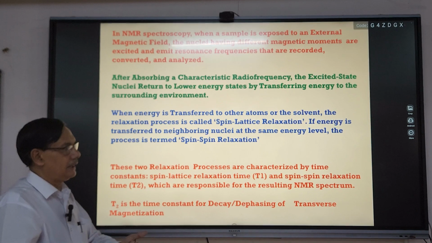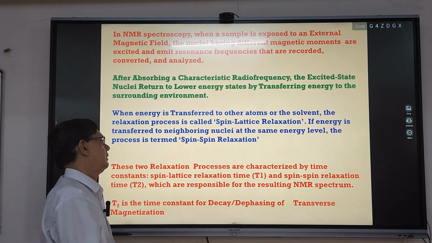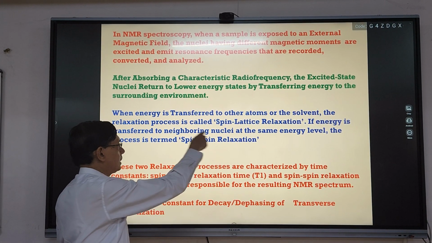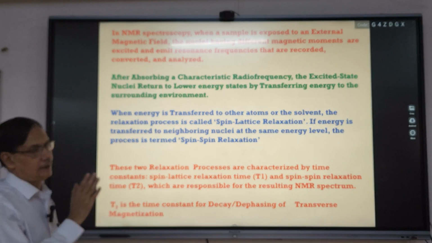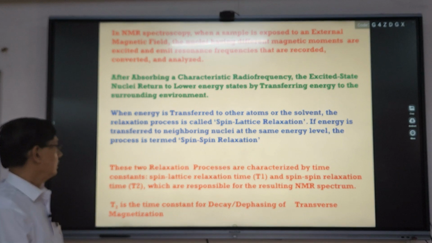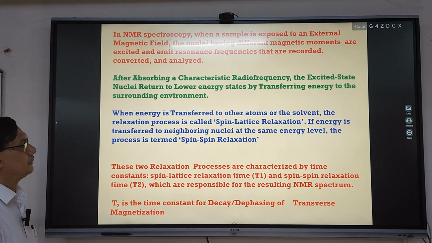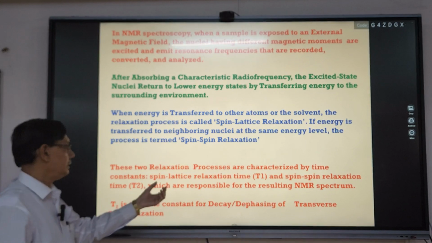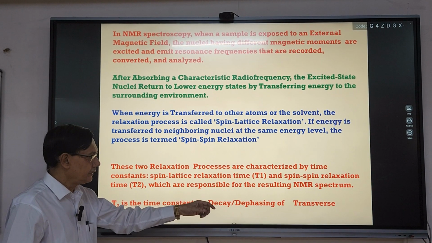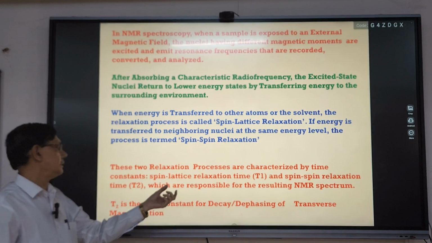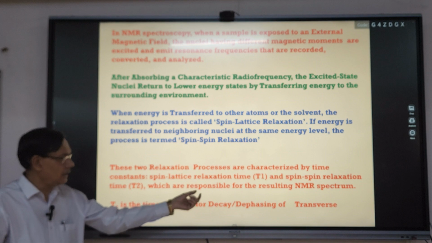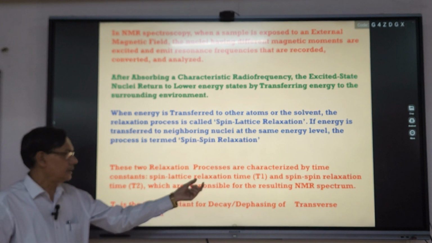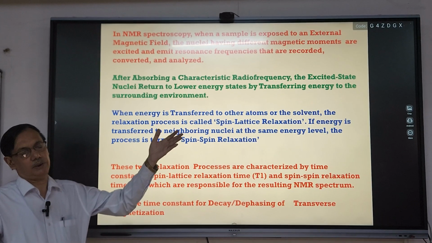When I discuss fast reaction kinetics, I will completely explain the role of spin-spin relaxation. These two relaxation processes are characterized by time constants. So we have to measure the spin lattice relaxation time and the spin-spin relaxation time. And the spin-spin relaxation time is responsible for the resulting NMR spectrum.